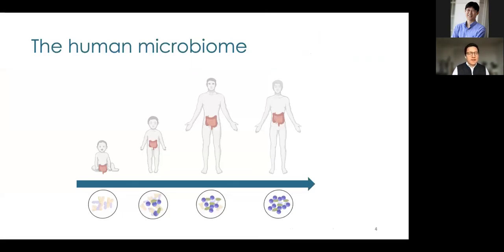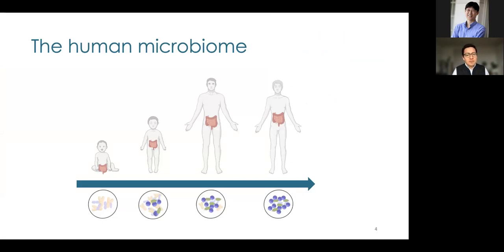What I find very interesting about the human microbiome is that it is essential for our health. It is something that we are not born with. We acquire it as soon as we are born, and sometimes I like to think about it as almost like an organ in our body. However, the main difference with this organ is that it doesn't have any of our DNA.